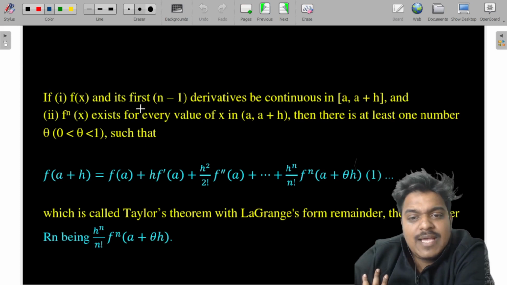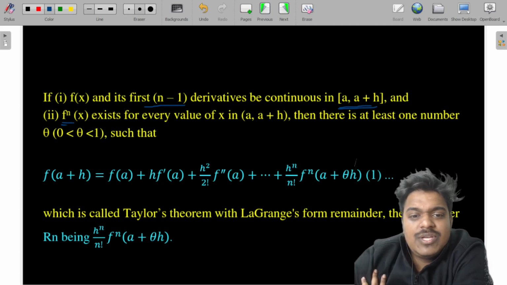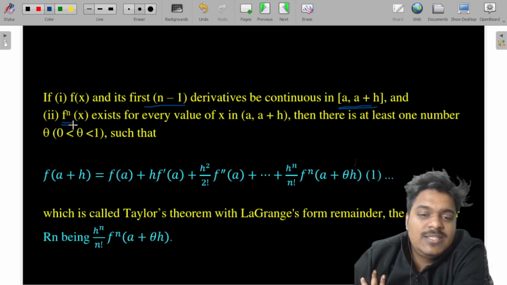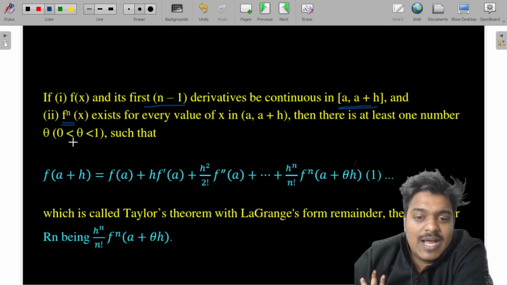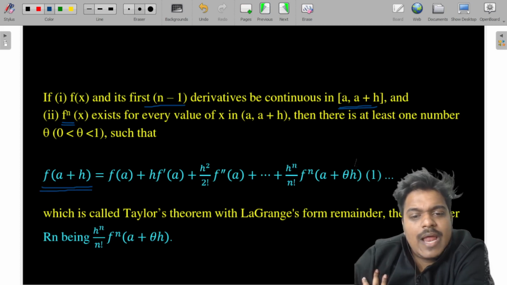So let us take the formal journey. If f of x and its (n minus 1) derivatives are continuous in [a, a plus h], where h is a small value beyond a, and the nth derivative of f of x exists for every x in the range a to a plus h, then there is at least one number theta such that, very important, f of a plus h, which you need to calculate.